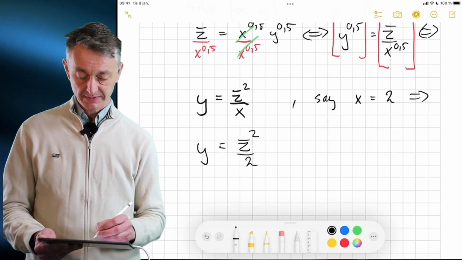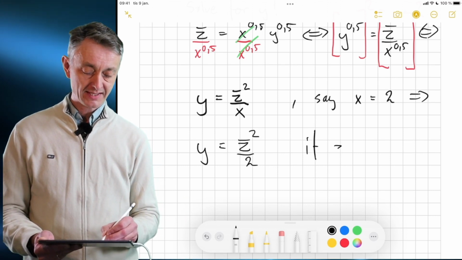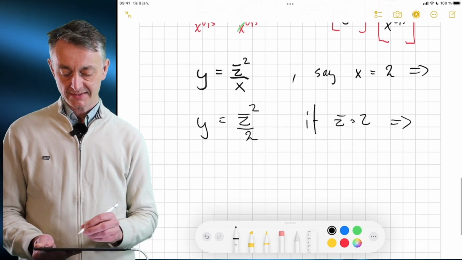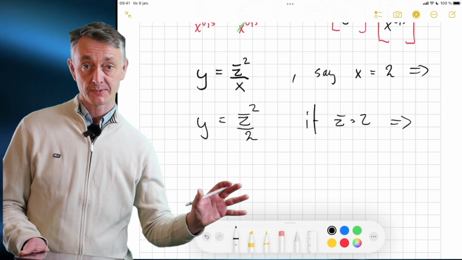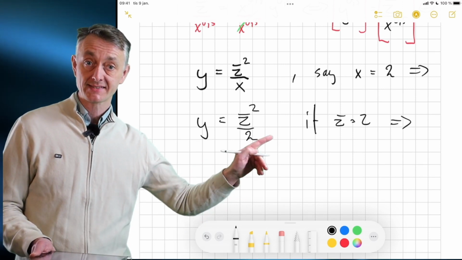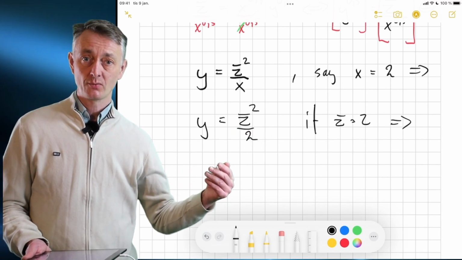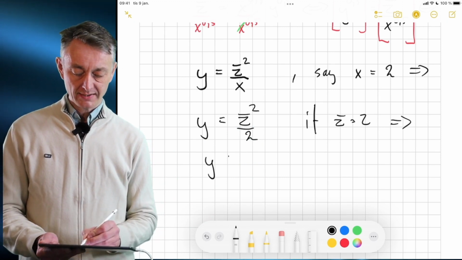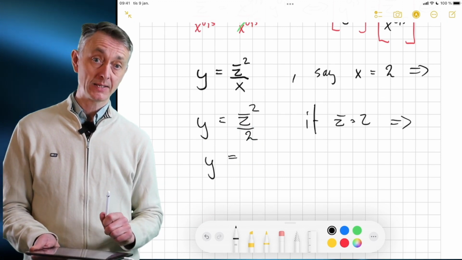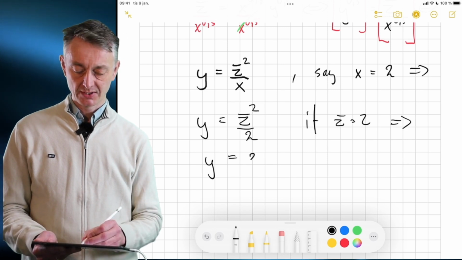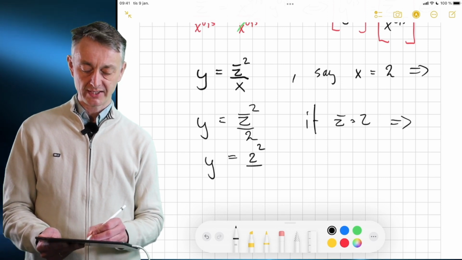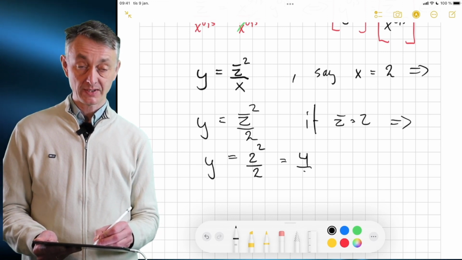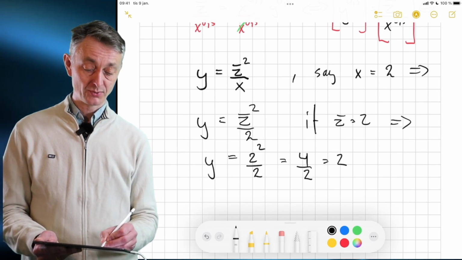And for example, if we say that z upper bar is equal to 2, that means that for the level curve where the level of production is 2, and we set x equal to 2, what is then the value of y? Y is equal to, z upper bar was 2, so it's 2 to the power of 2 divided by 2, which is 4 divided by 2, which is 2.